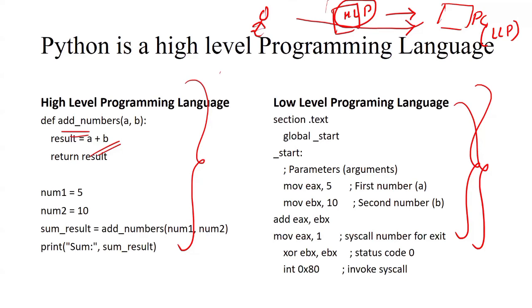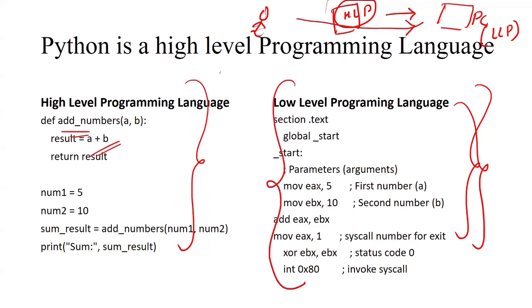Now the only difference between a high level programming language and low level programming language is that something which human can understand directly is called high level language. That's why we are able to understand. A person who has never done coding before is able to tell me what we are doing, and that is high level programming for you. And even the person who has used a lot of programming languages may find it very hard to understand this, because this piece of code is specifically for a system's understanding.